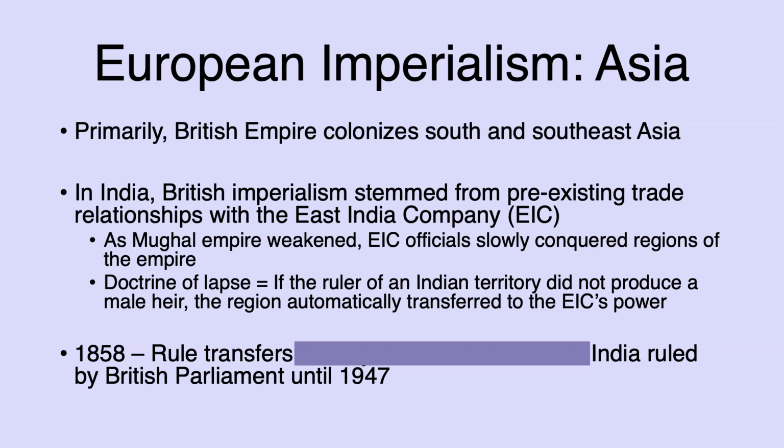So essentially, if a local ruler was not able to produce a male heir, this foreign company took over the land. And in 1858, that rule that had previously been coordinated by the East India Company transfers directly to the British Crown, and India is ruled by British Parliament until 1947.